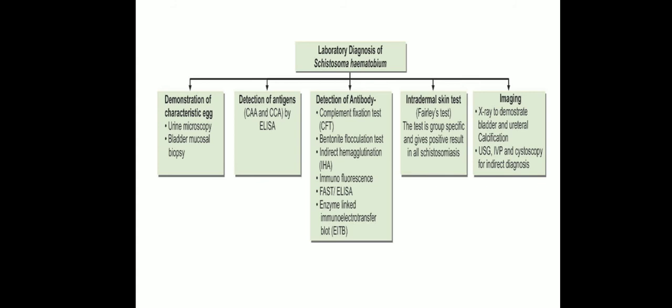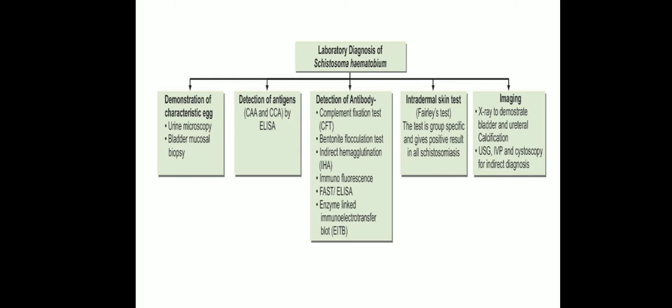Then detection of antigen. This is another diagnostic method for detection of specific schistosome antigens in serum or urine. Here, two glycoprotein antigens associated with the gut of adult schistosomes are circulating.